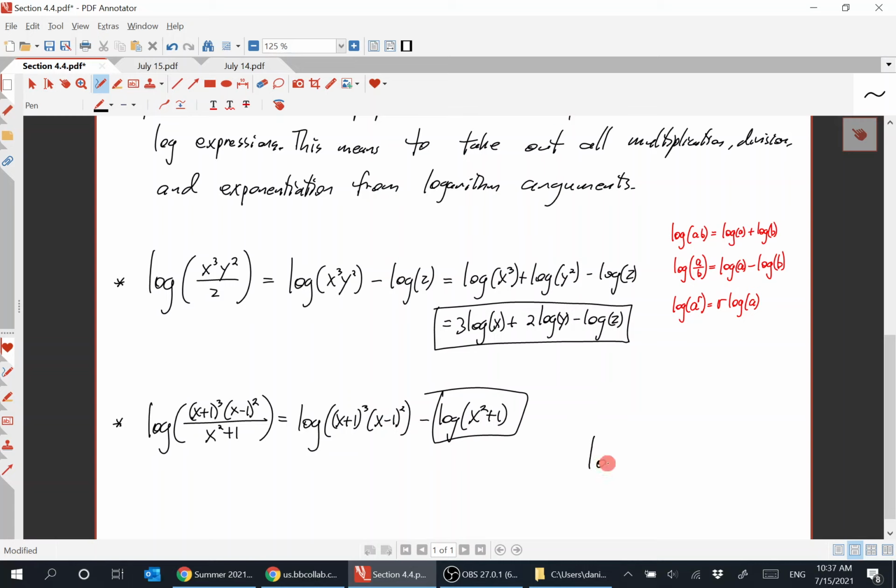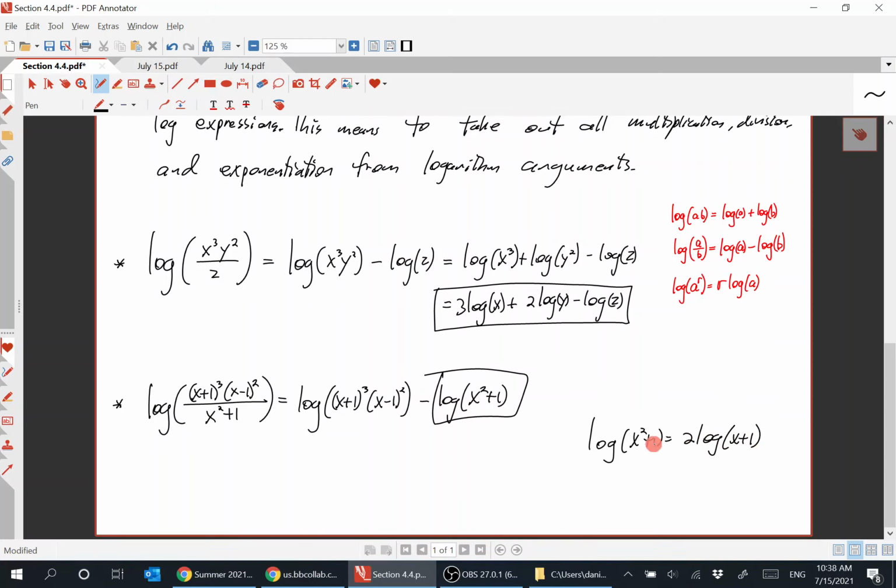Why can't I do this? Log of x squared plus 1 is equal to 2 times log of x plus 1. This is wrong. Why can't I do that? The 2 shouldn't affect the 1. Right, exactly. It's log of a to the r, where r is over the whole a.